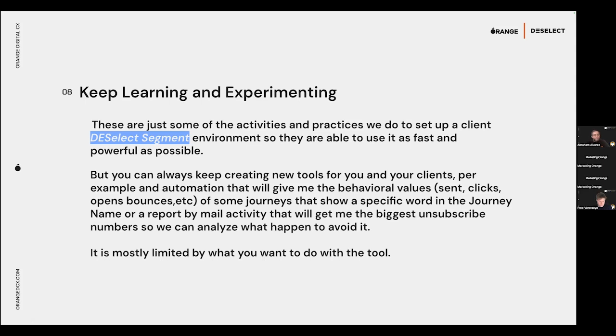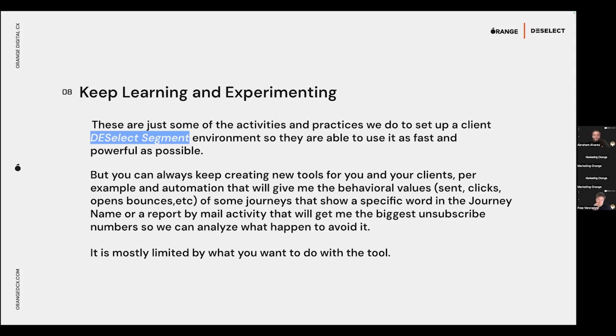A couple of examples here for the guy that was using server-side JavaScript and automations. We are using it right now for one client to automate reports for the client on all the behavioral values, with a specific grouping by journey.